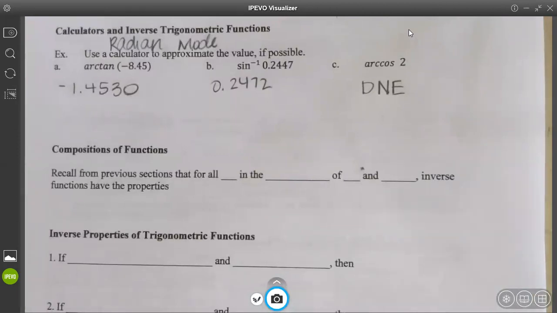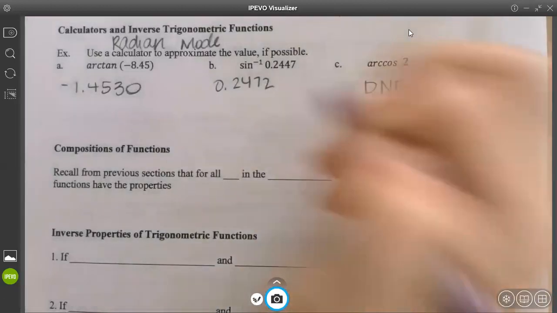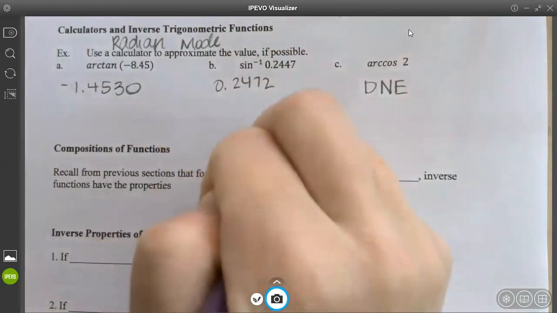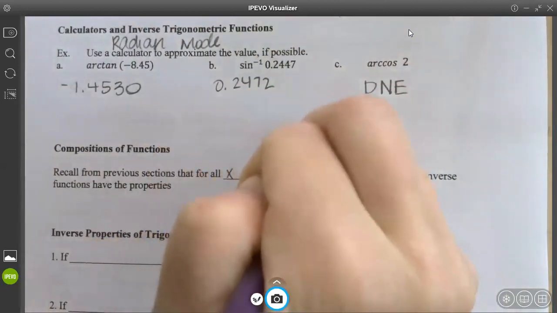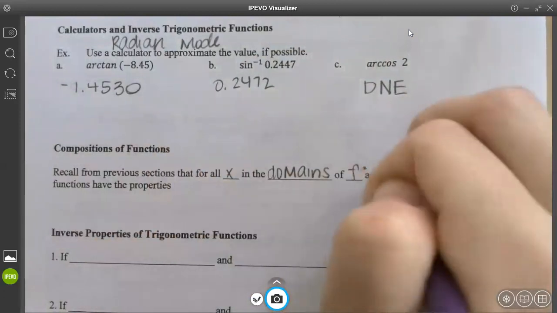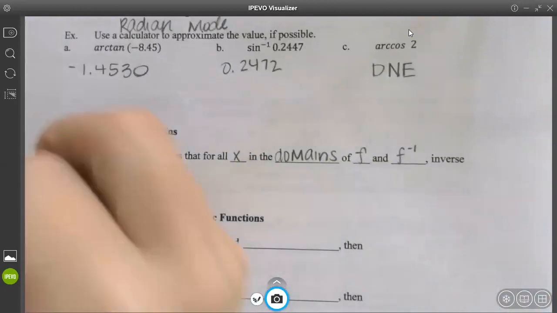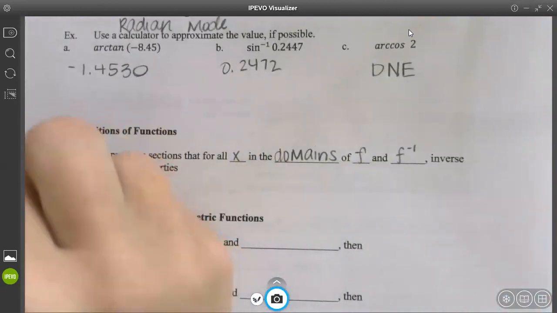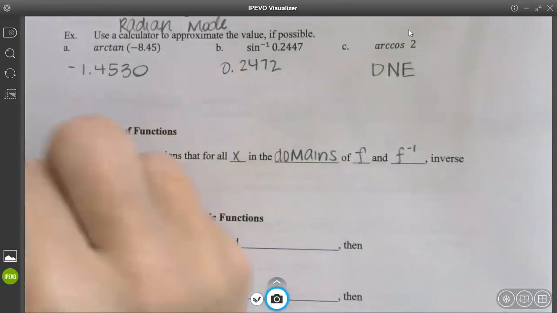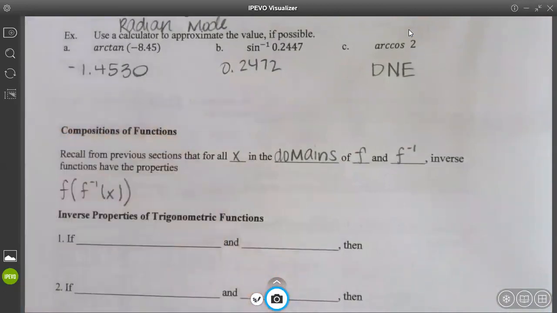All right, composition of functions. Recall from previous sections that for all x in the domains of f and f inverse, inverse functions have the properties. We did this on the first test. If you plug the inverse in, you guys remember doing g of f of x?